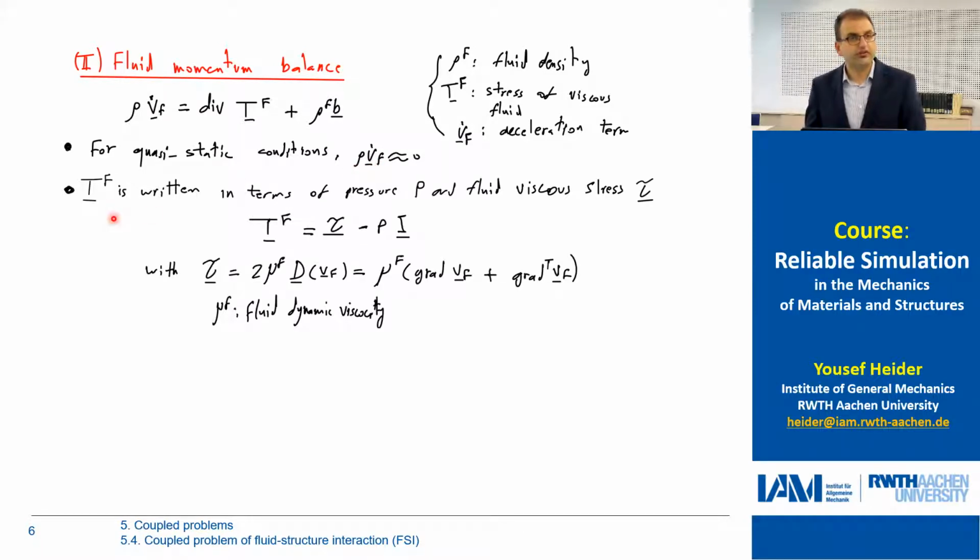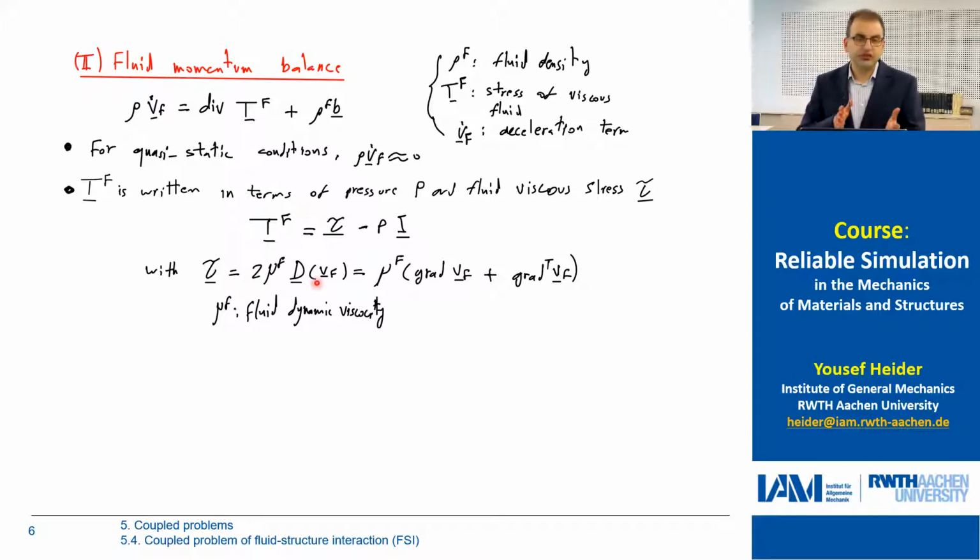Now, this total stress is written in terms of the pressure p and the fluid viscous stress tau, like tau minus p times identity. Then tau equals 2 mu f times some function Df of Vf, because we have incompressible fluid, so we don't have a volumetric part in the viscous stress.